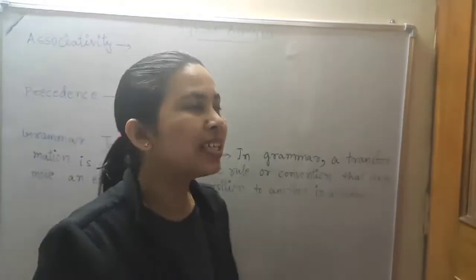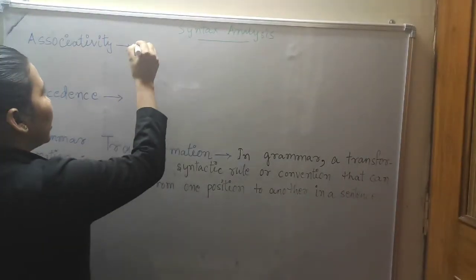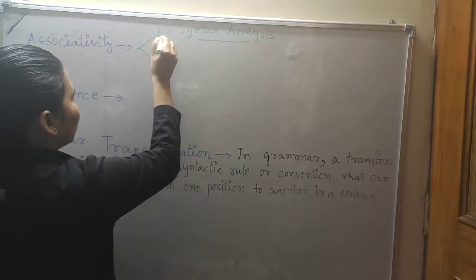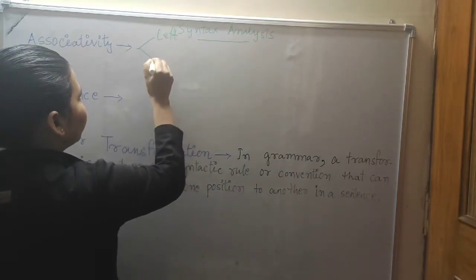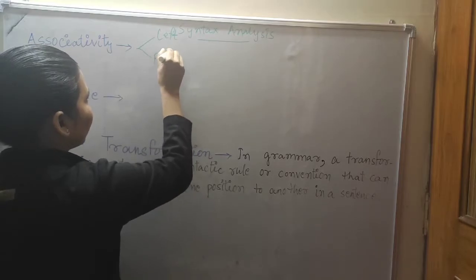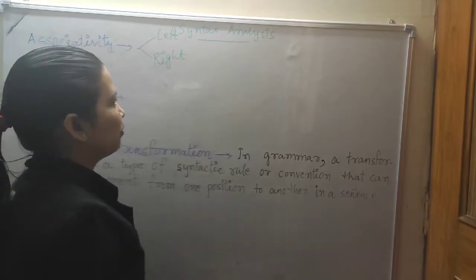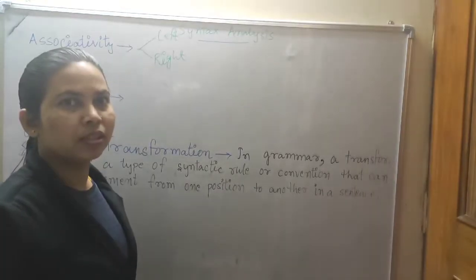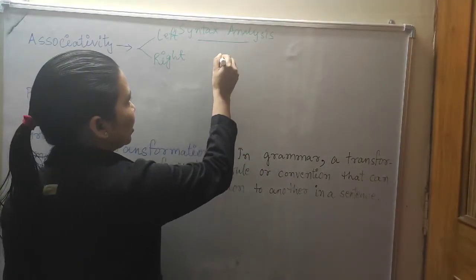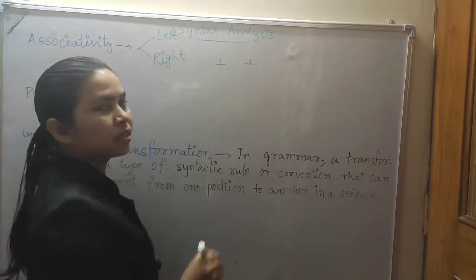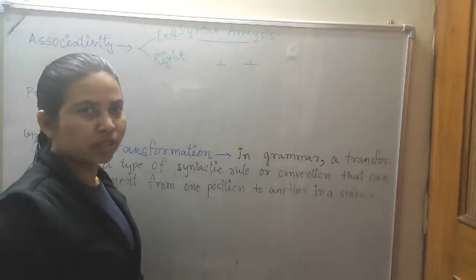Associativity. Associativity has two types: left associative and right associative. We require associativity when the same operator is given in the production rules.